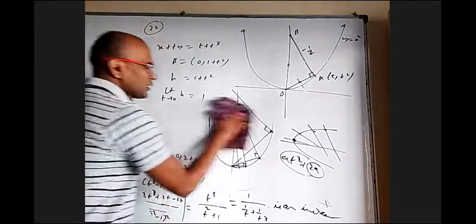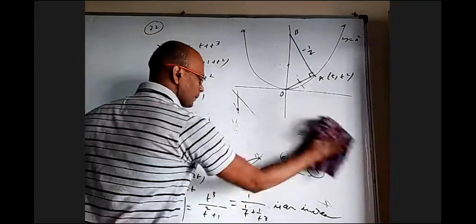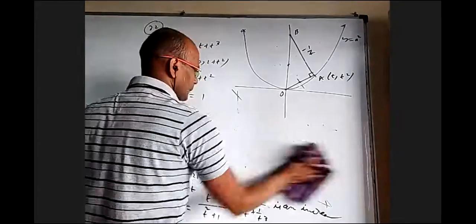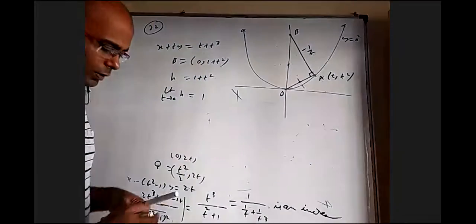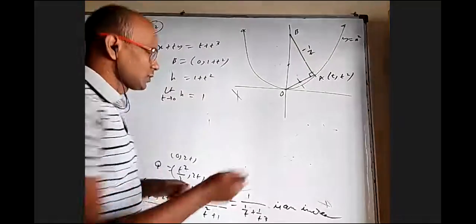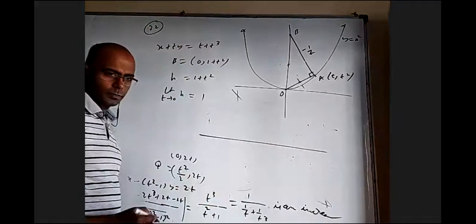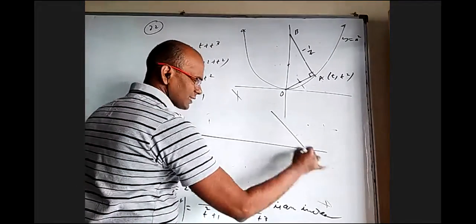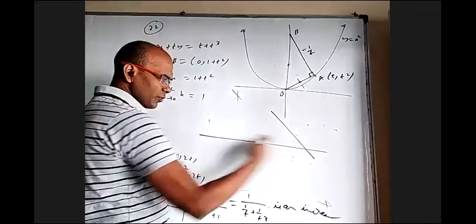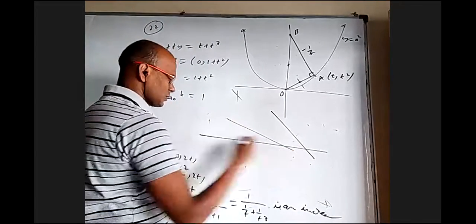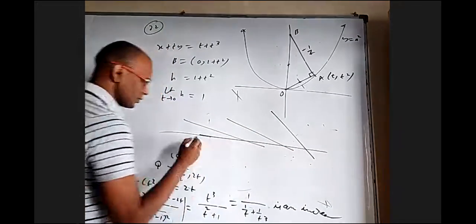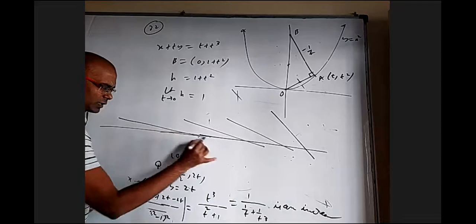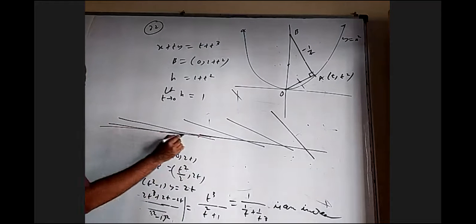I can give you another idea if you want to understand better. See, I will draw like this. I have one line. After some time moving here and bending, it is like this. Later on, it is like this.